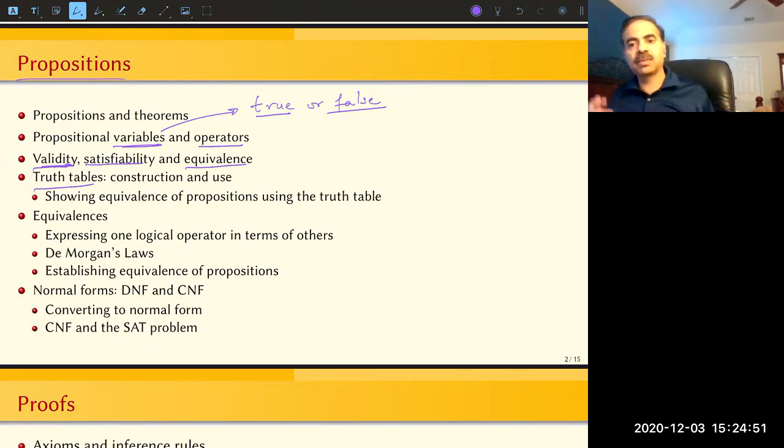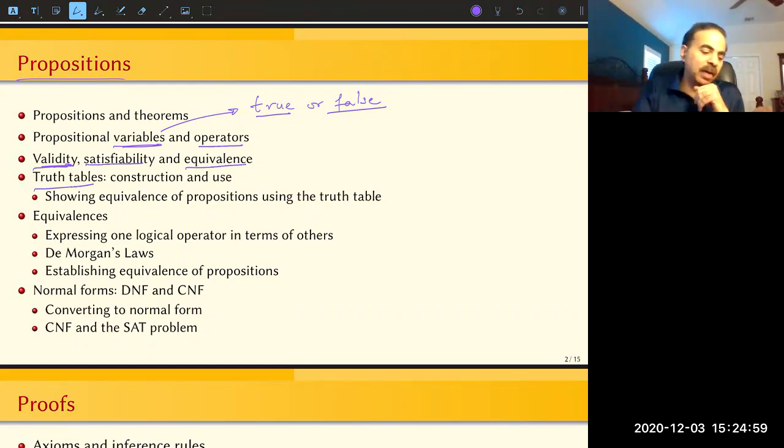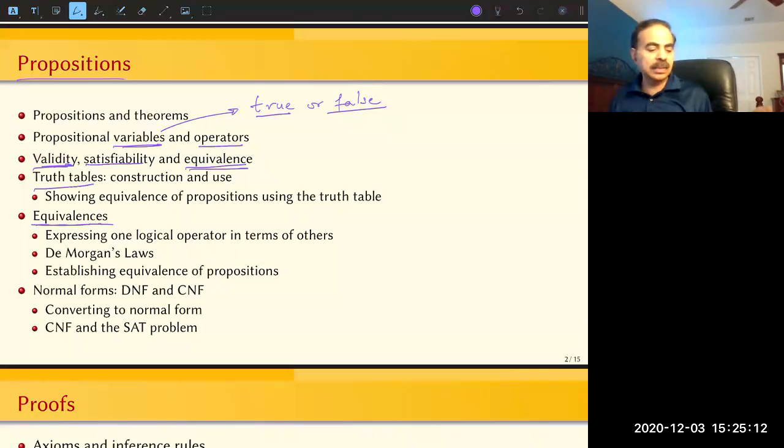So you have to try every possible assignment, every possible value for every variable. And if in every case the two propositions have the exact same value, then we say that the two propositions are equivalent, right? So we studied this equivalence in more depth.